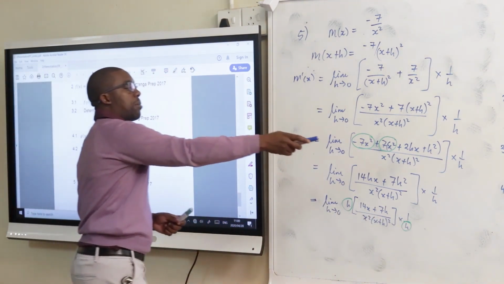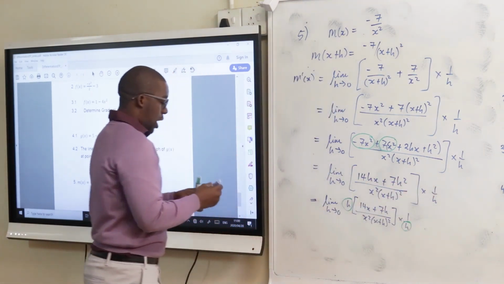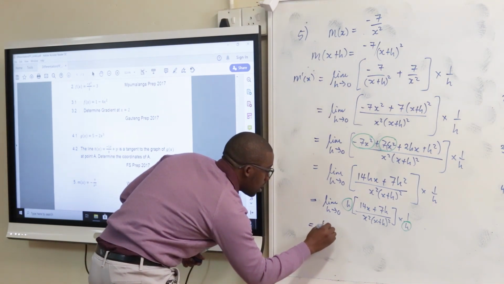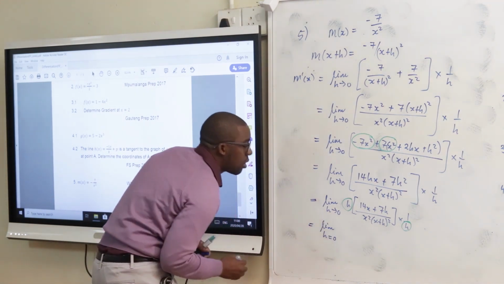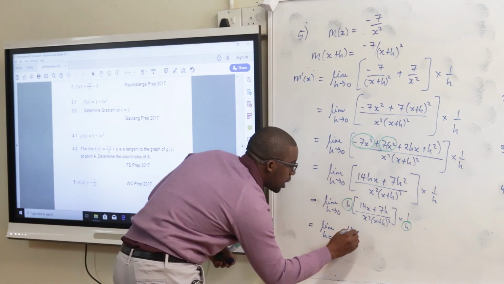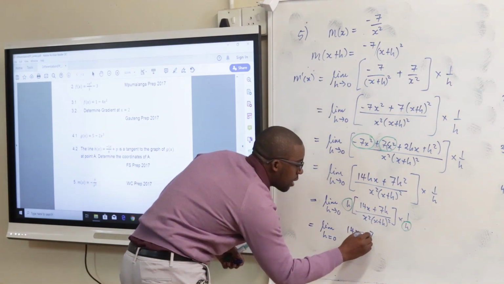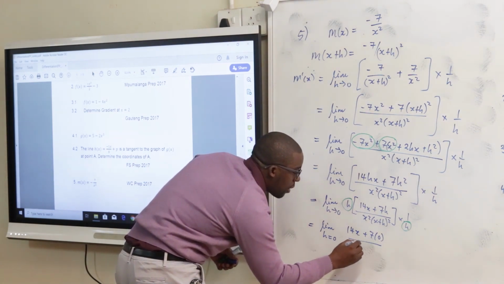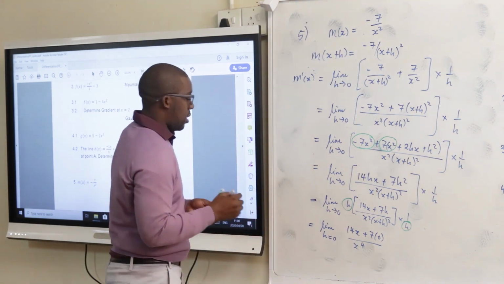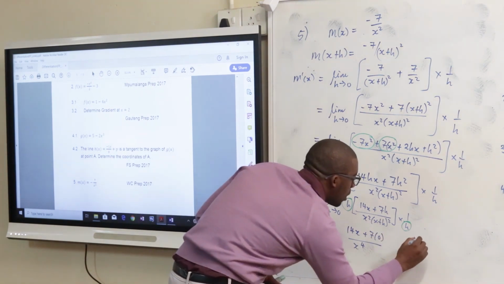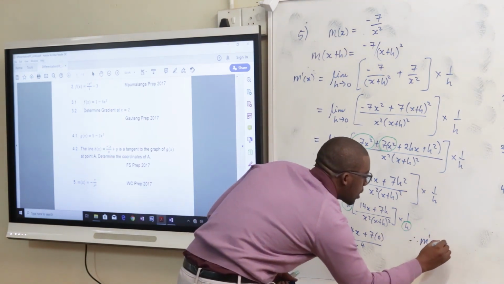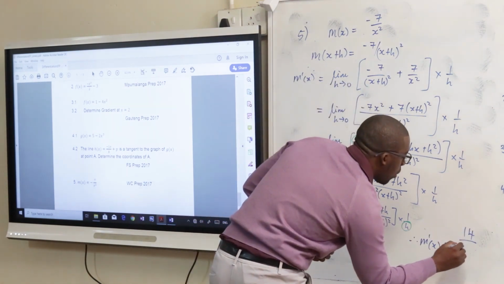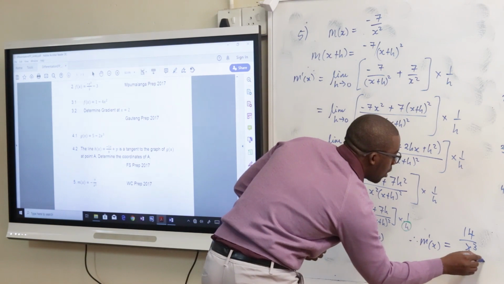Thereafter, step number 4 says substitute h is equals to 0. Limit as h is equals to 0. That means we have 14x plus 7 times 0 all over x to the power 4. Therefore, m prime of x is equal to 14 over x cubed.